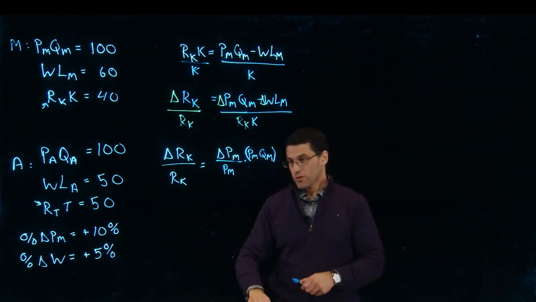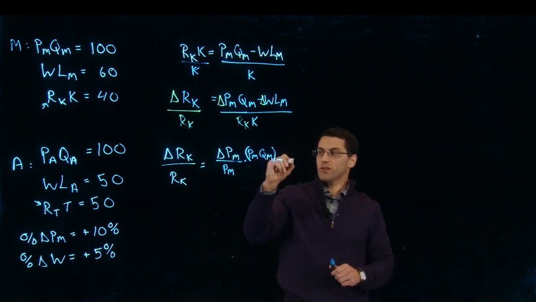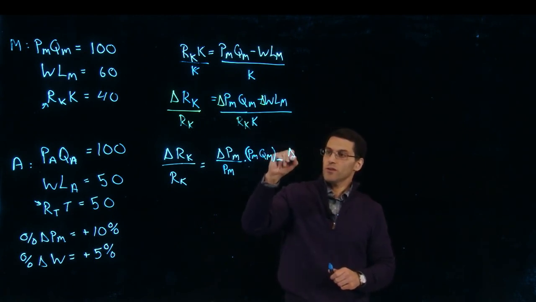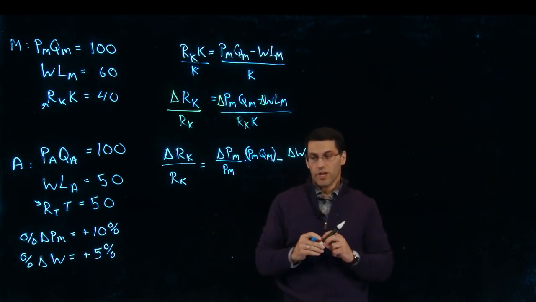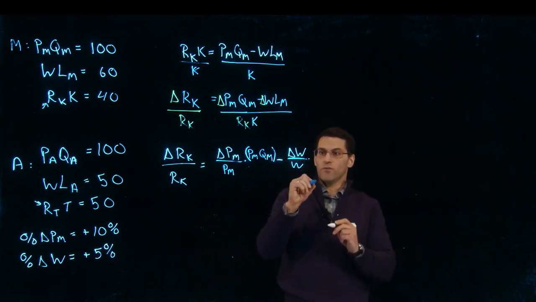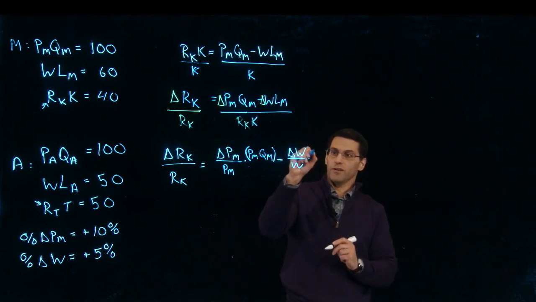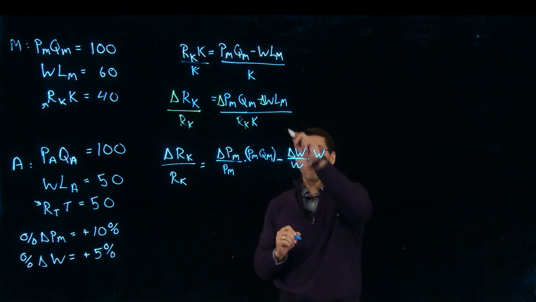And then we're going to do the same thing with delta W. To convert that into a percentage change, we have to divide through by W, and then of course multiply by W. The LM was already there.